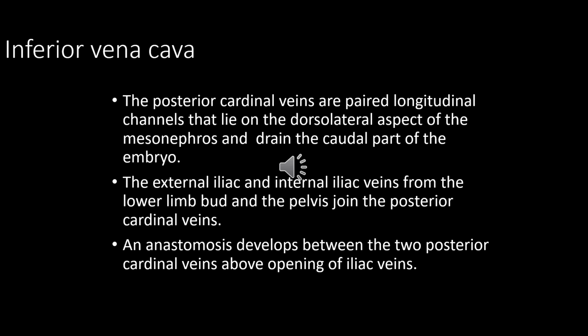So a cross communication is a must, and so a cross communication shall develop above the level of the iliac veins, joining the right and left posterior cardinal veins. So this cross communication obviously will become the left common iliac vein, which is longer than the right.